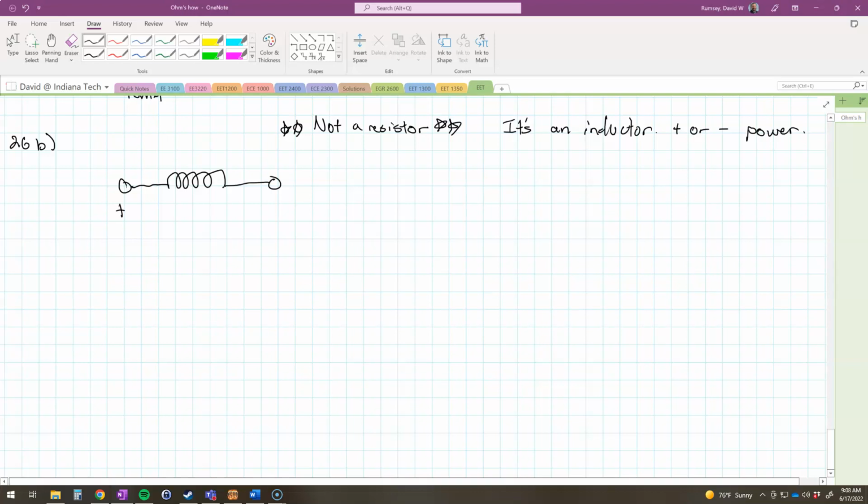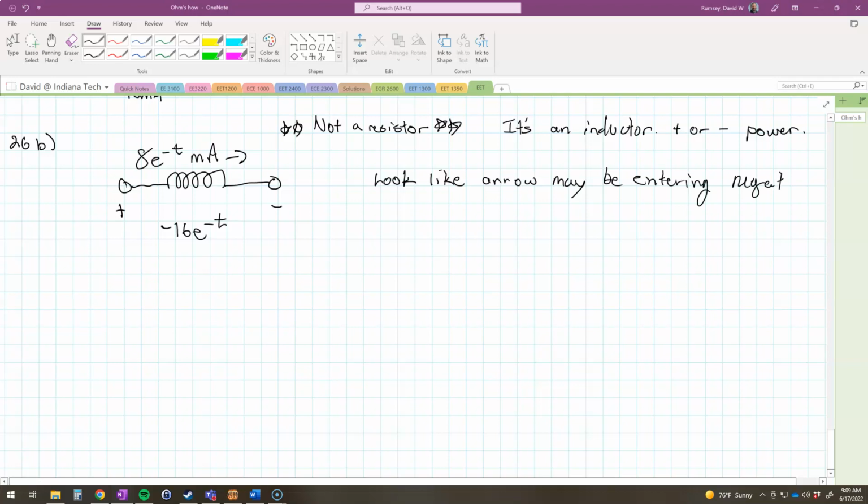And so we have this plus minus, and this is similar to the previous problem as well. It's because of the way the arrow is drawn, it makes it look like the arrow may be entering the negative terminal, but it's not entering the negative terminal, it's actually leaving the negative terminal.